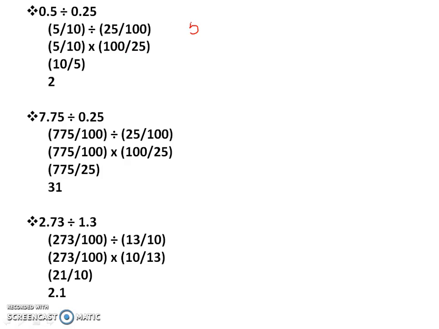So, 5 by 10 into 100 by 25. Now, here 10 and here 10 get cancelled. 5 into 5 is 25.